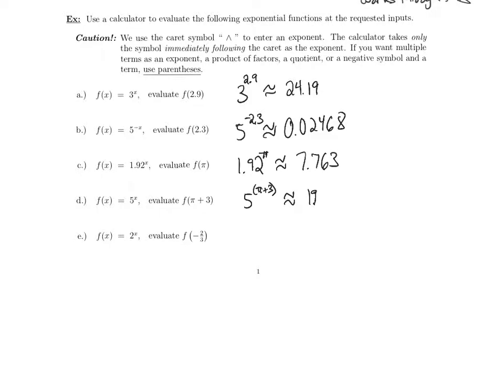So this becomes 19,624.068. And last but not least, we have 2 to the -2/3. And again, you may have to use parentheses up there depending on your calculator.